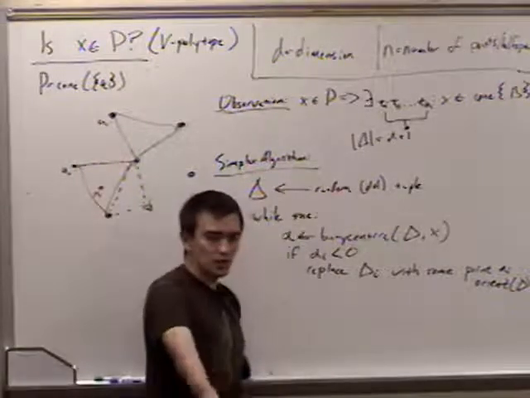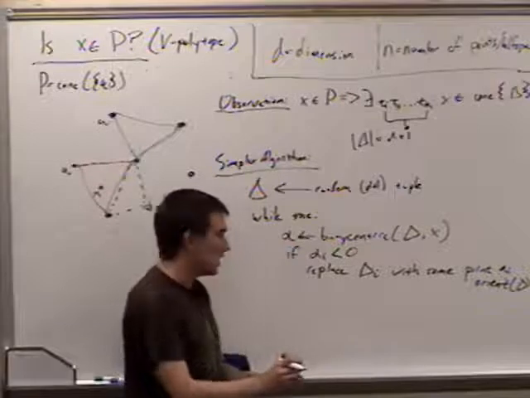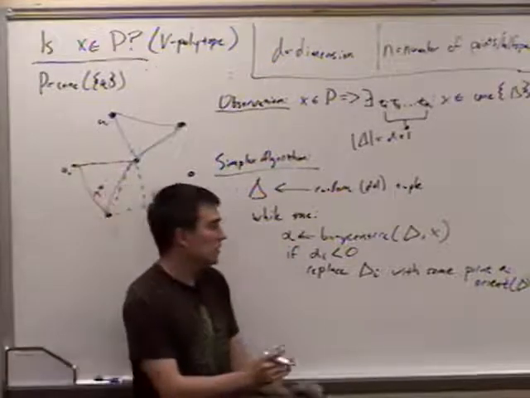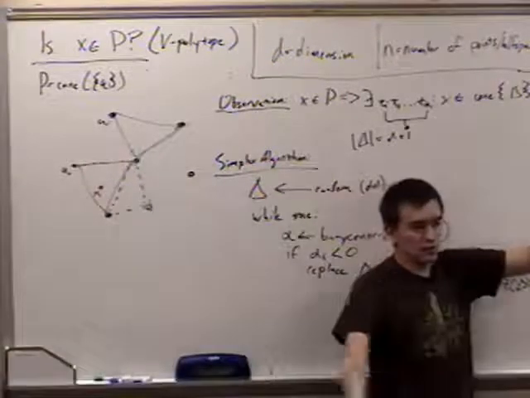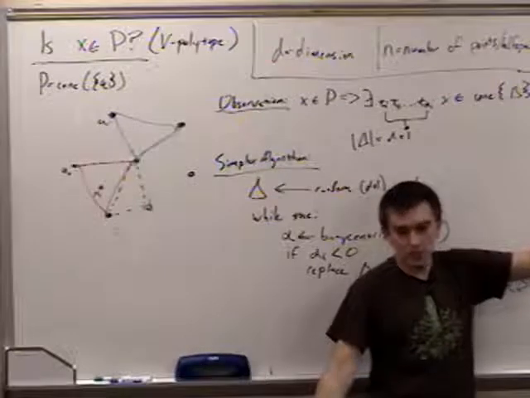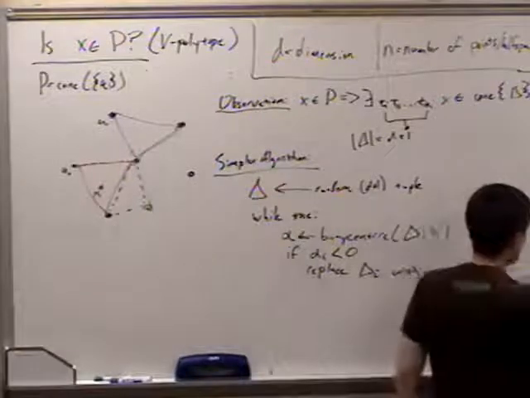We're just going to go through delta, take that ith entry and swap the a_i in it. So we want to find some point which is on the opposite side of the simplex from this face. So it should be less than 0.